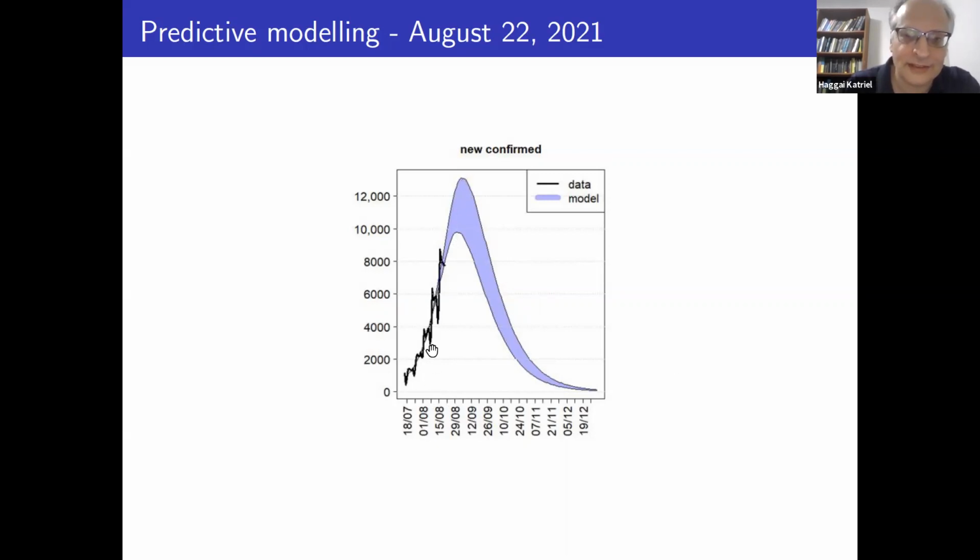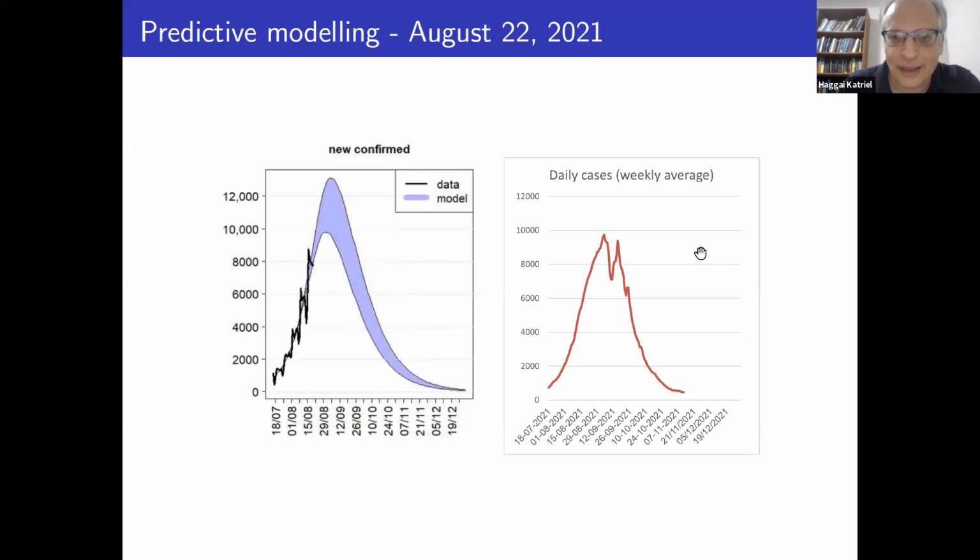If you look at the data, you don't see that it's going to go down. We don't know when it's going to go down. The model predicts that it will go down, let's say, at the start to the middle of September. In this case, the prediction worked out quite well, and just to show, sometimes the predictions work, it did go down, and the peak was around what the model predicted.